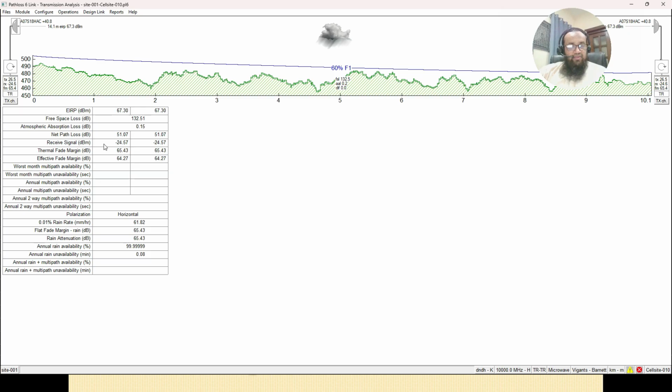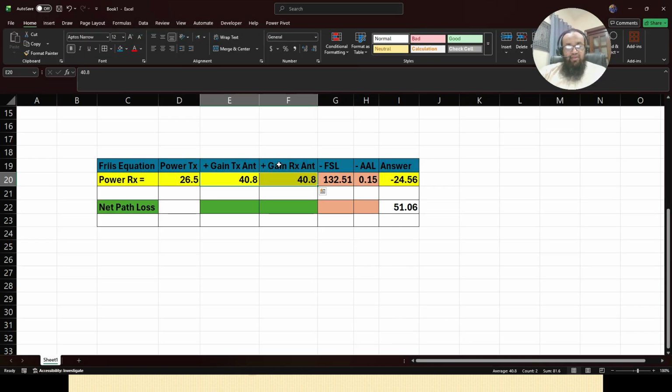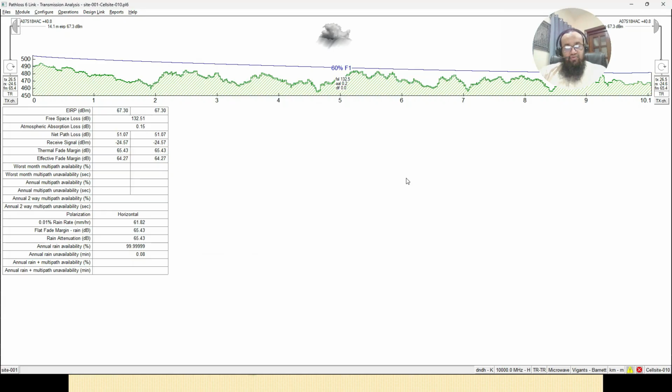And for the receive signal, you see here we have a transmit TX power of 26.5, the same that I wrote here, 26.5. So 26.5 TX gives me an RX of minus 24.56, which is almost the same as minus 24.57. There is a difference of only 0.01, which is negligible.